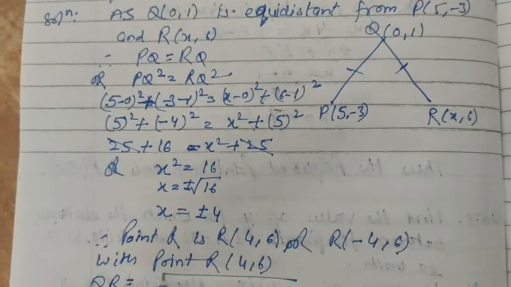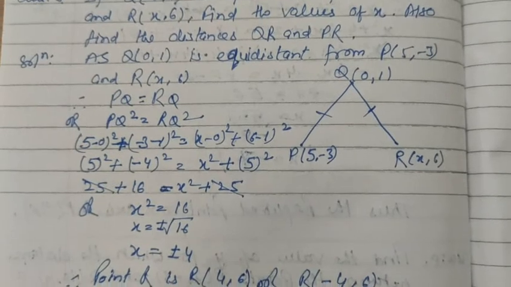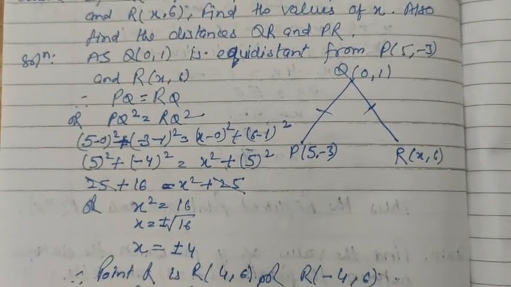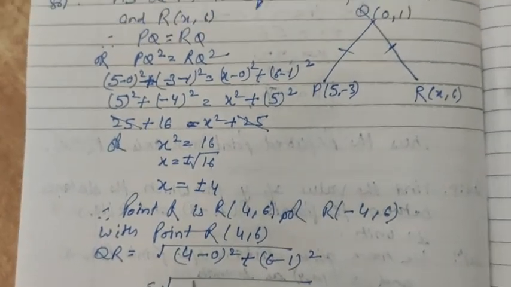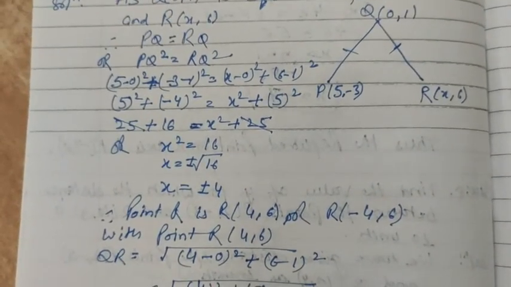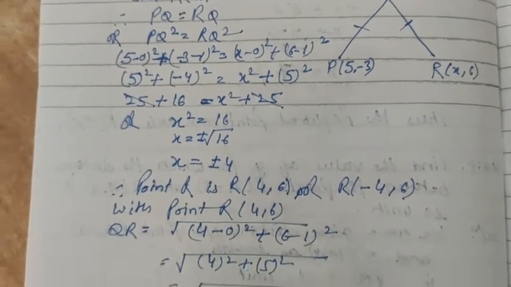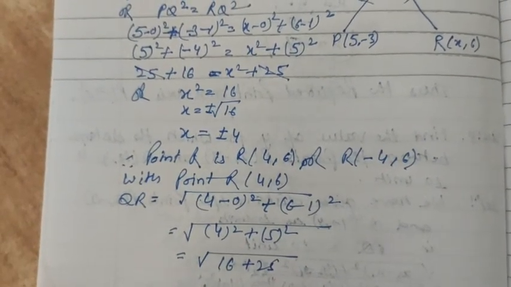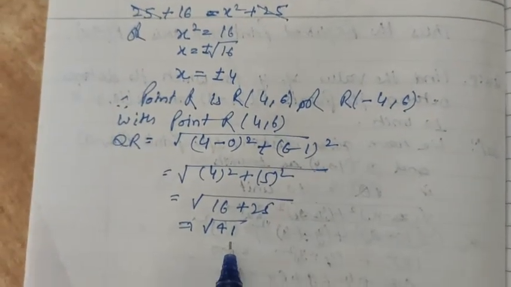So QR will be the square root of (4 minus 0) square plus (6 minus 1) square. So this will be 4 square plus 5 square, that is 16 plus 25, and this will be root 41. So we have QR as root 41.